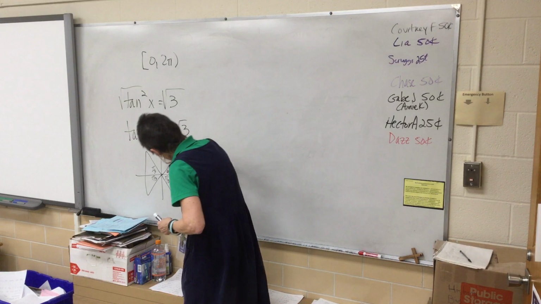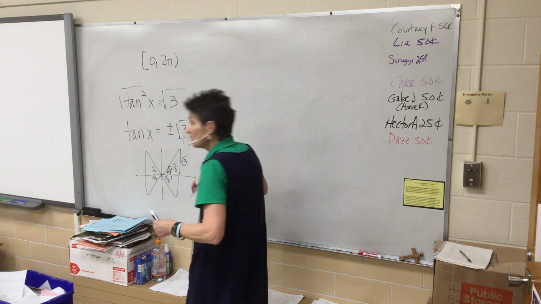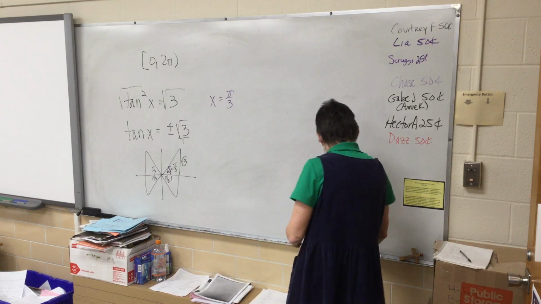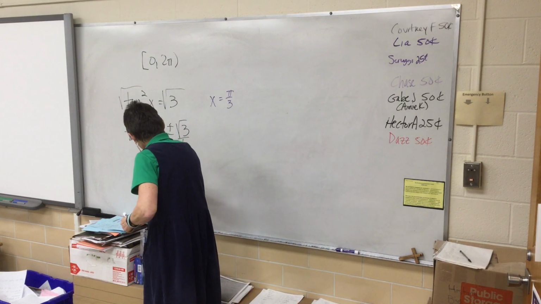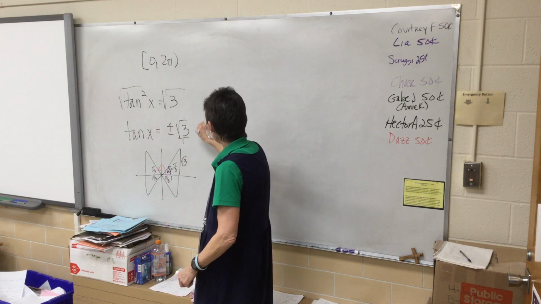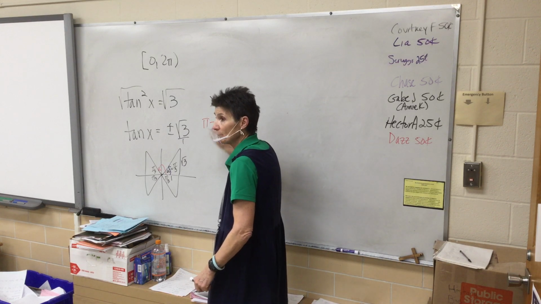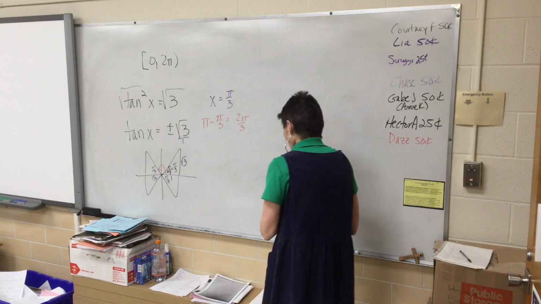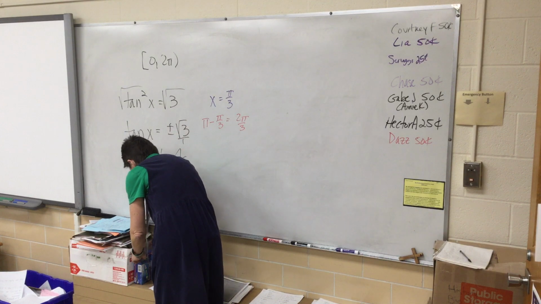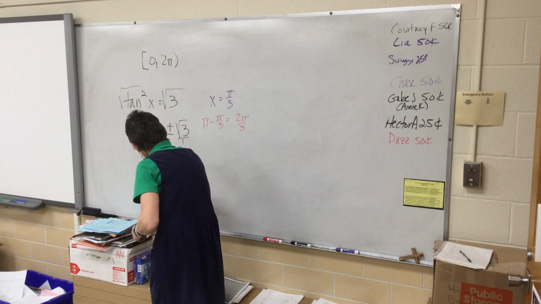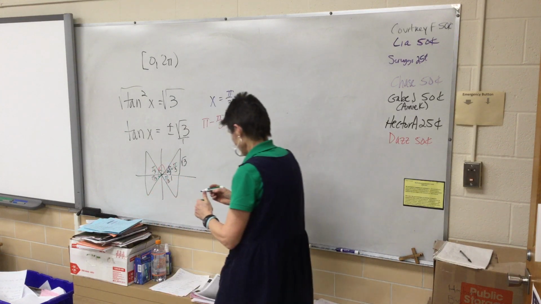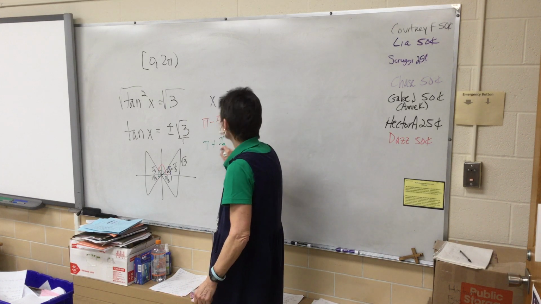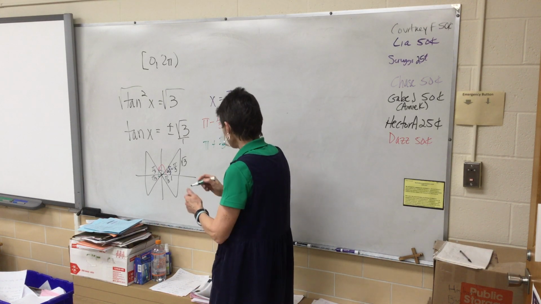So my answers are going to be my purple angle, which is pi over 3. And then my red angle, which would be pi minus pi over 3. Would you agree with that? So that's 2 pi over 3, right? And then my green angle, which will be pi plus pi over 3. 4 pi over 3, yep. 4/3 pi, same thing.